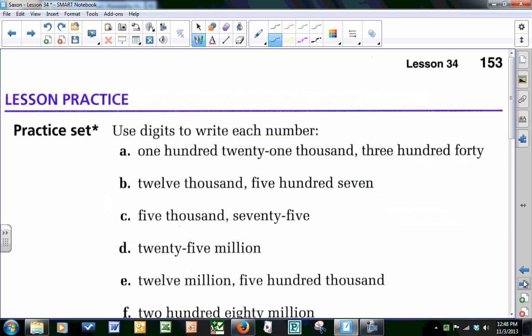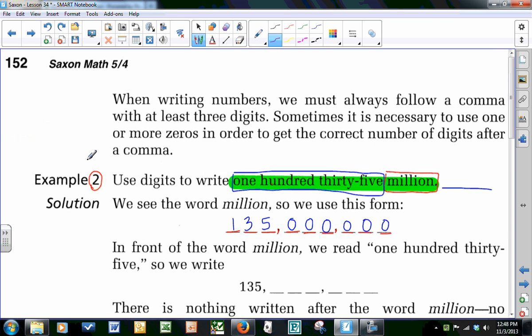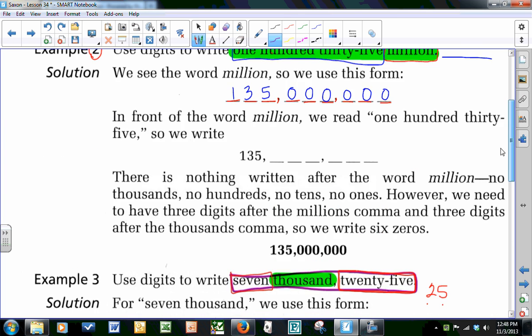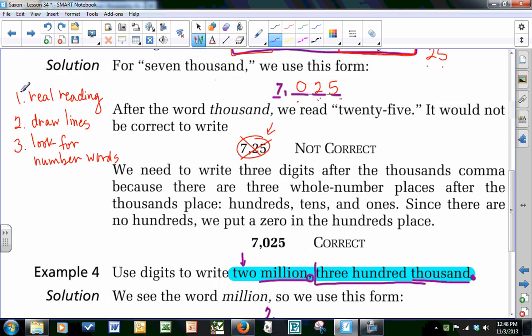Now at the top of page 153, there are several practice problems, and notice this asterisk here. That means there are some more practice problems in the back of your book if you get stuck. So use digits to write each one of these numbers, and remember the step-by-step guide that I taught you right here. Real reading, slow down, read it several times.